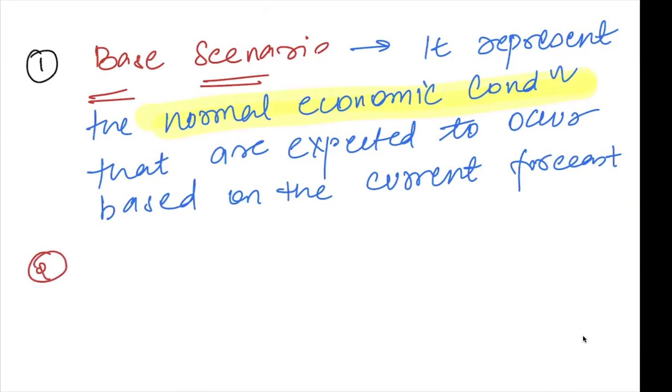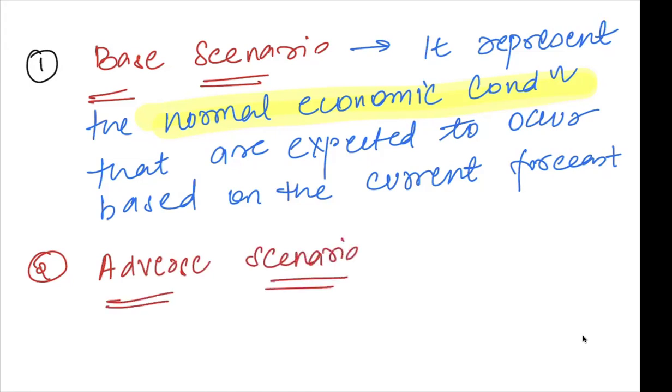Second, what is adverse scenario? The adverse scenario models a moderate economic downturn. So it represents a situation wherein the economy experiences some stress. So it's like a mild recession. Okay, so what is the adverse scenario?